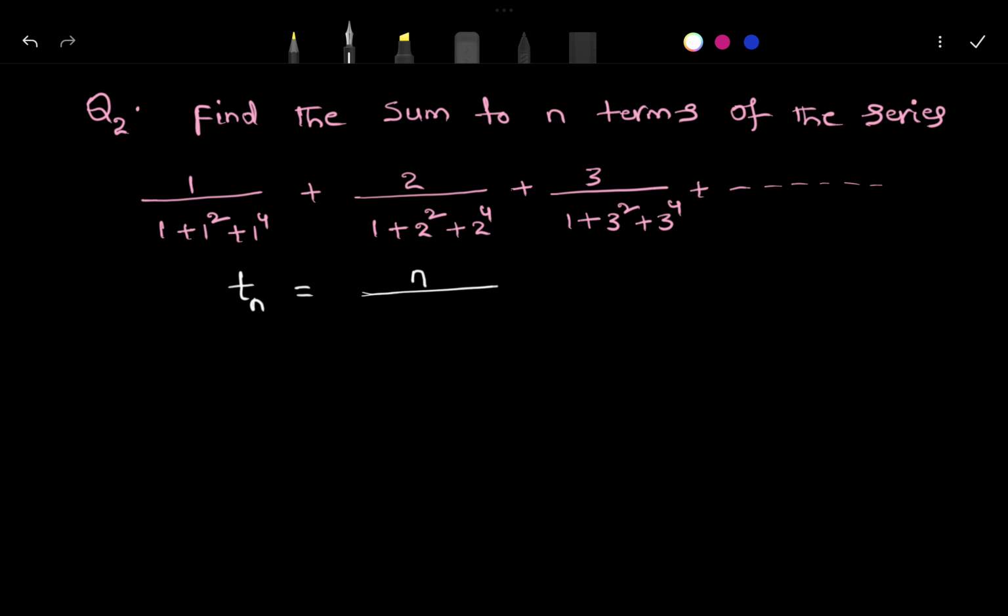Observing all the terms in the given series, the first term has 1 plus 1 square plus 1 power 4, the second term 1 plus 2 square plus 2 power 4, the third term 1 plus 3 square plus 3 power 4. So here we can observe that in the nth term the denominator will be 1 plus n square plus n power 4.